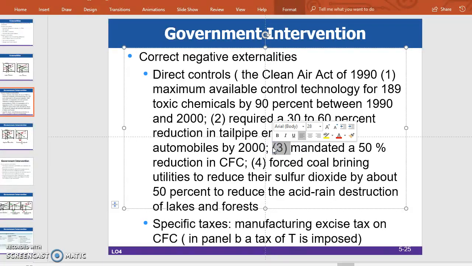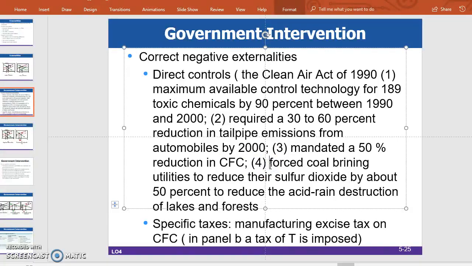Then the three is what? Mandated a 50% reduction in CFC, chlorofluorocarbon. This is one of the main chemical pollutants responsible for depletion of the ozone layer in the Earth's atmosphere, and that depletion of the ozone layer is what is causing that greenhouse effect, right?